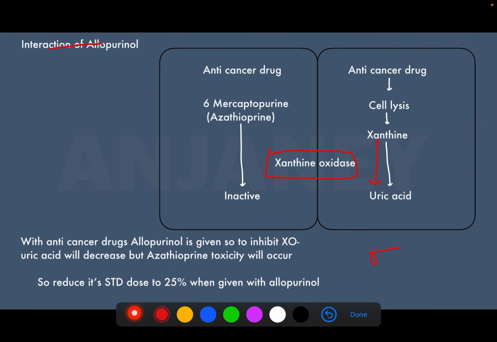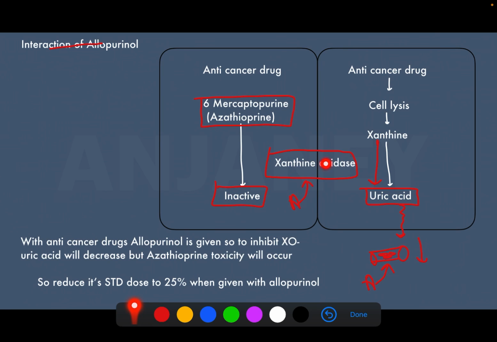So in our blood vessel there is more uric acid. Now we want to decrease this uric acid, right? After all the cancer lysis, now I give allopurinol. Allopurinol is going to block this enzyme xanthine oxidase. So there will be decreased uric acid production, which is what I want. But I want that this drug should also be inactivated, right?